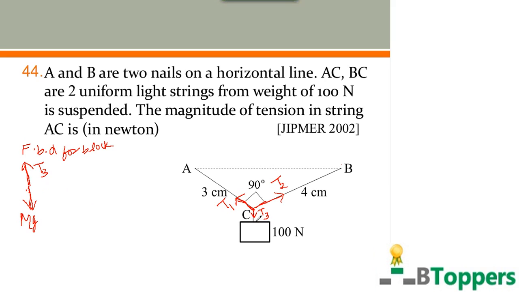So the magnitude of tension at the lower end of the third string will be the same as the magnitude of tension at the upper end of the third string. So the resultant force on the block is equal to T3 minus mg. Because the block is in equilibrium, this must be 0. So the magnitude of tension in the third string, that is the vertical string, is the same as the magnitude of weight of the block, which is equal to 100 newtons.